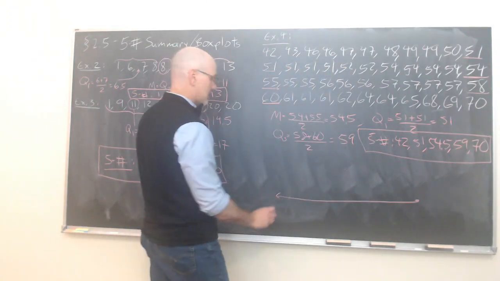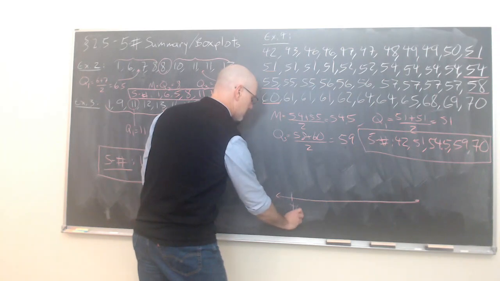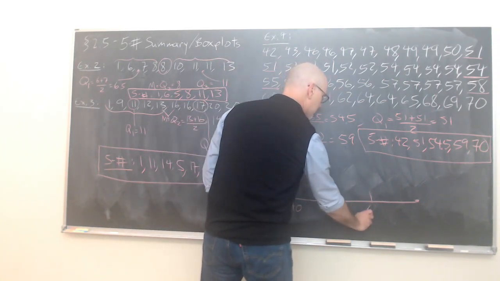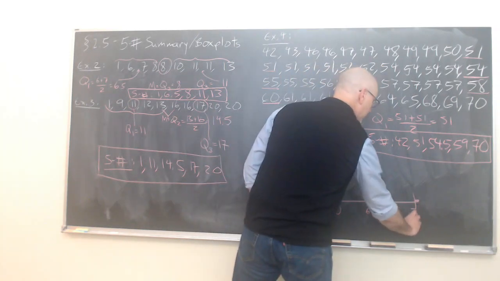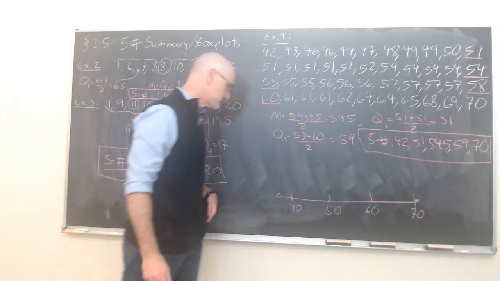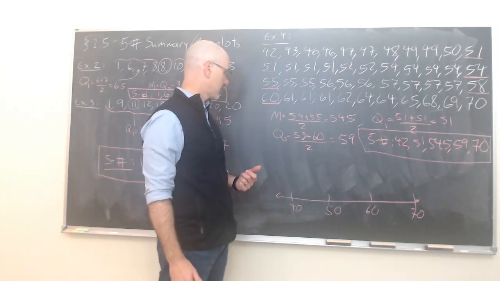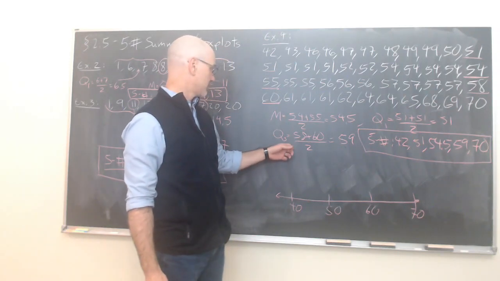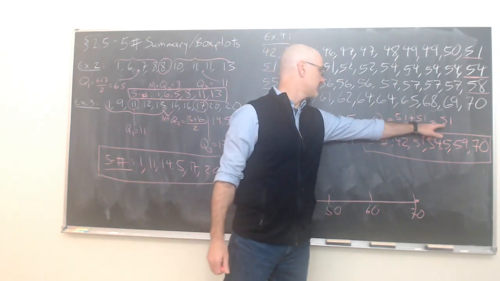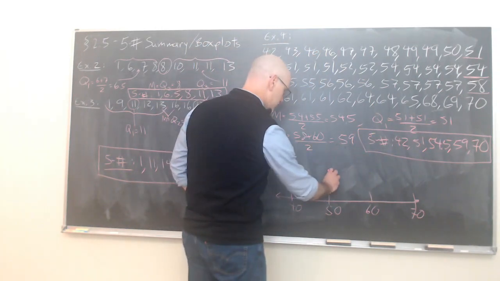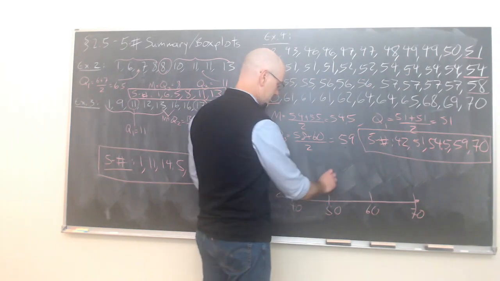We extend from about 40, let's see, go to 50, 60, 70. So remember the box part of a box and whisker plot goes between Q1, which is 51, and Q3, which is 59. So that looks something like this.